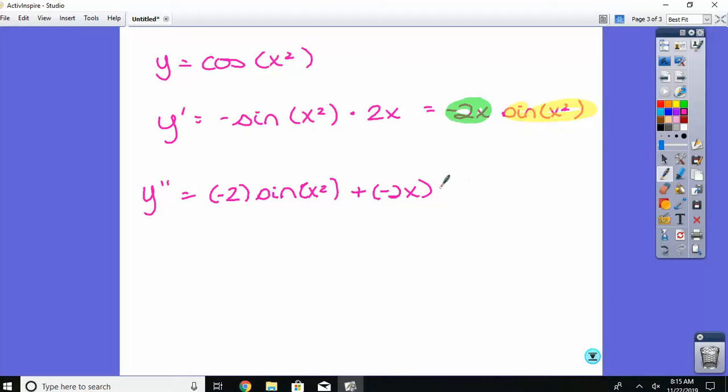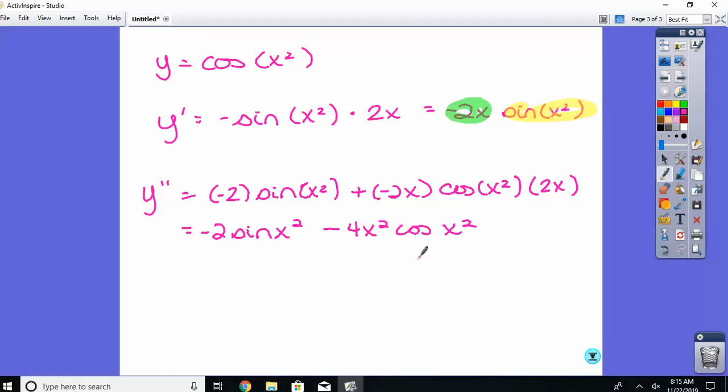So derivative of sine is cosine, angle stays the same. Derivative of the angle is a 2x. And so you could get that for your final answer.